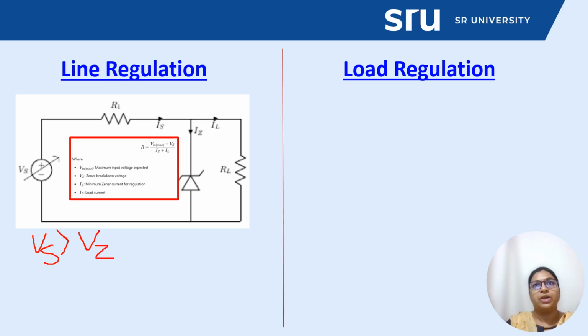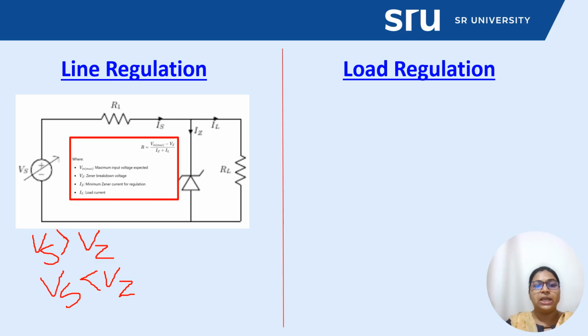Zener diode conducts in reverse, clamps the voltage to Vz, and if Vs is less than Vz, the Zener diode does not conduct, and the output voltage drops below the regulation point.